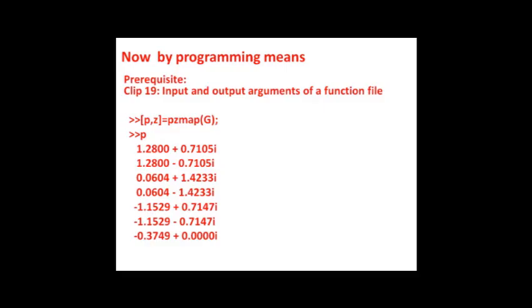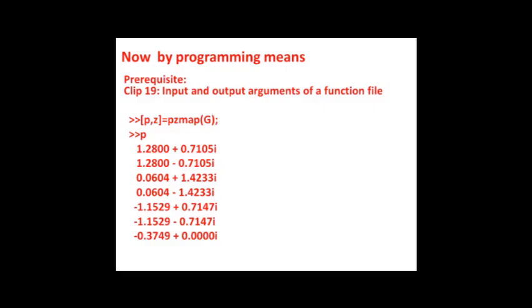In the PG map for the ongoing process, we did not use any output arguments. This time around for programming means we would like to add two output arguments. The first of which is poles and the second of which is zeros.